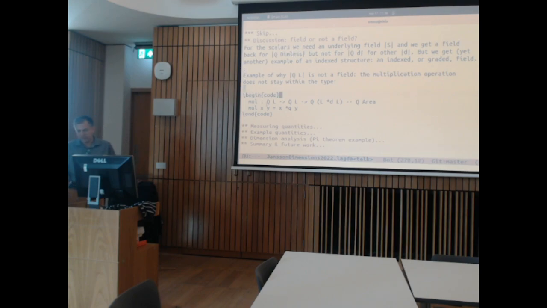So just to exemplify, to be extra careful here, if we want to multiply a length by a length, we get an area. So it doesn't stay within the same type. So the multiplication for this graded field does not have type QD to QD to QD. Well, it has that type only if D is dimensionless. So otherwise, I take two values and then I dump in a third. Sort of, what do you call it? Fiber or index or whatever, they move around.